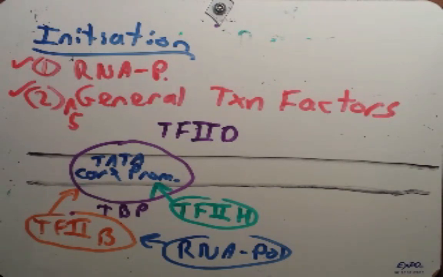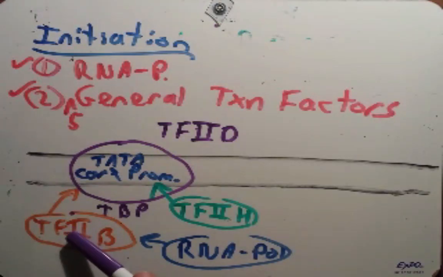Now when you're looking at this on the promoter, if you could see it with your naked eye, it would look like a big glob of protein stuck here. But they come on in a very regulated fashion, all 5 of these. You just need to know these few here though. The TATA binding protein with the TF2D comes on first. It recruits the other transcription factors, such as transcription factor 2H, which is important because of its helicase function.